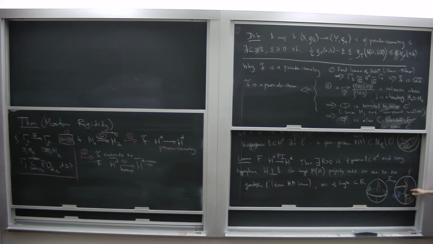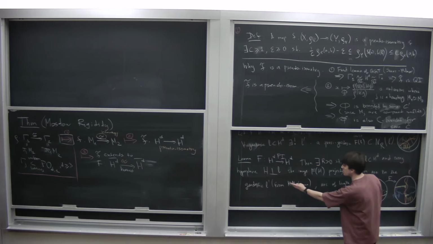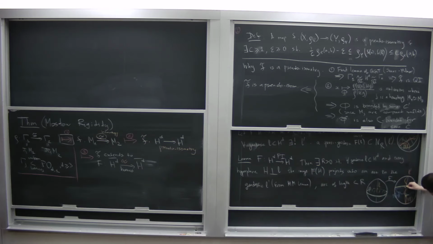So this lemma states that I can choose in advance this constant R such that this geodesic arc here is of bounded length. So I mean that F of H cannot be too much distributed in this ball, right? So this geodesic segment is of length less than R.